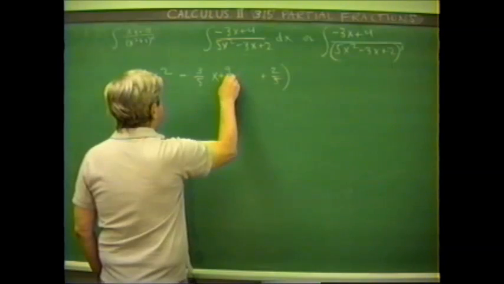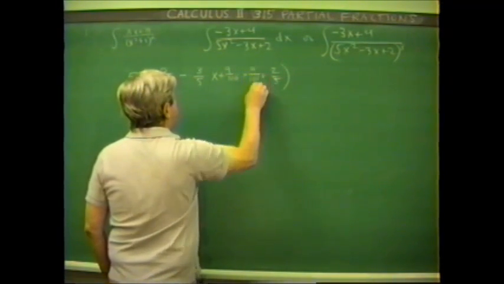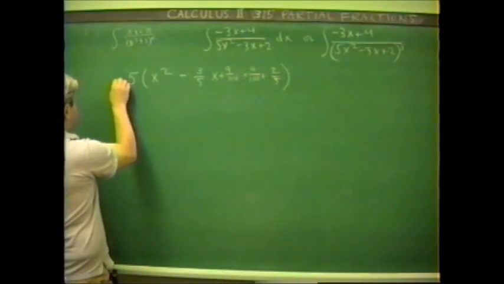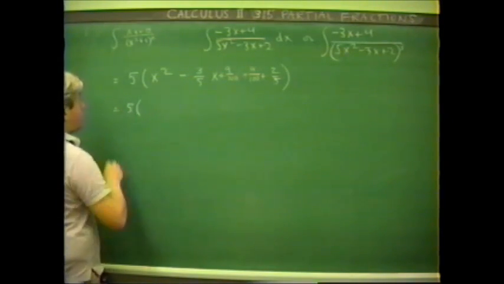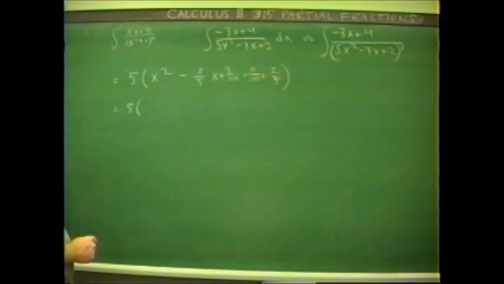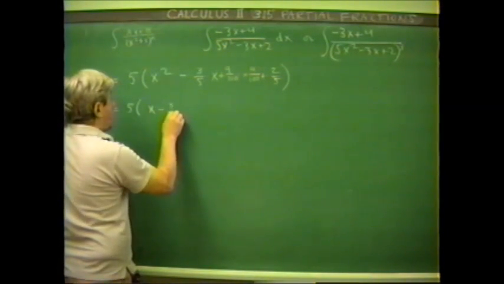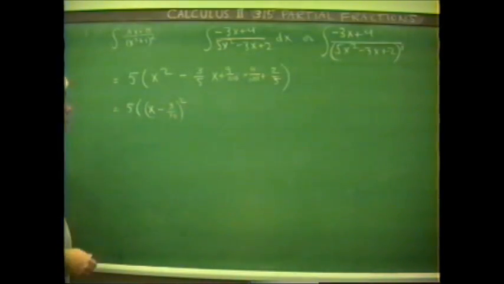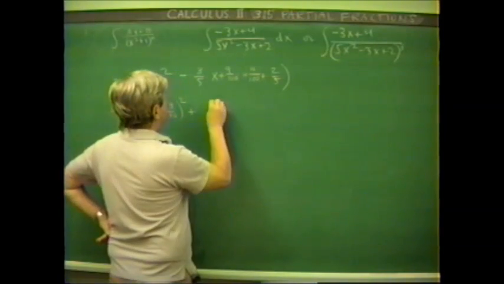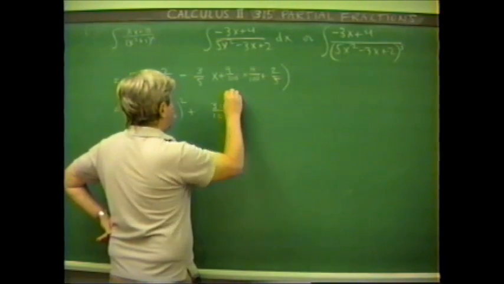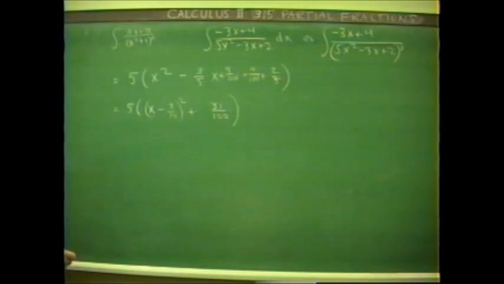So plus 9/100 will make this a square. I have to subtract 9/100ths over here. So the denominator here is equal to 5 times x minus 3/10 quantity squared plus, this is 2/5, so it's 40/100ths, so plus 31 over 100. The fact that this is the sum of two squares here indicates that it can't be factored any further.